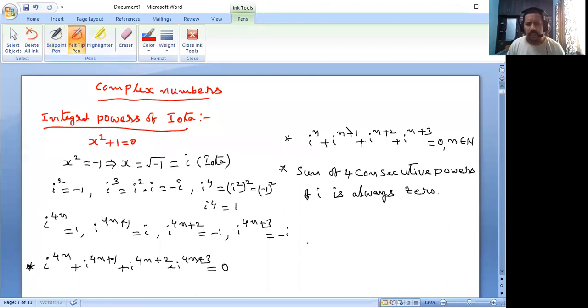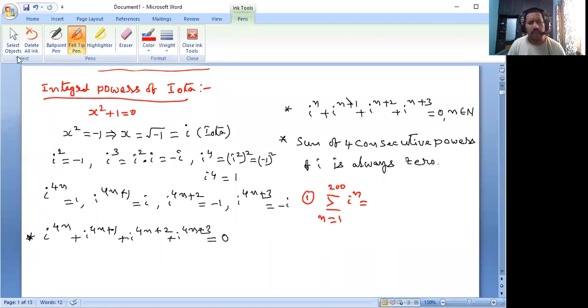Now, see one problem. Sigma n is equal to 1 to 200 i power n. What is the value of this?